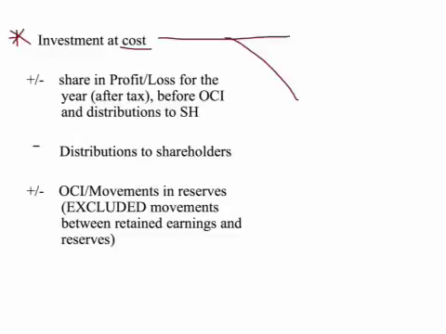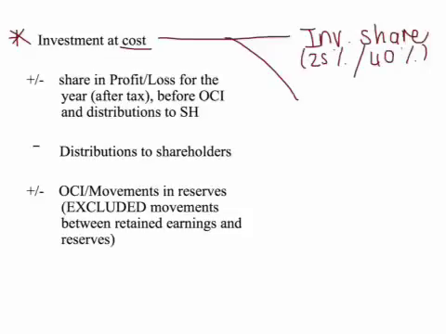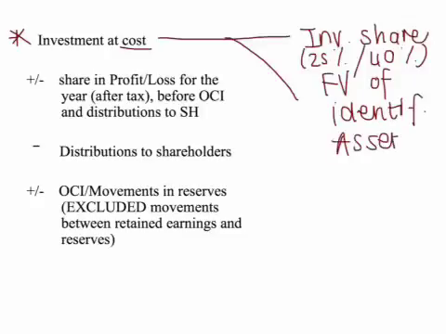First of all, the investor's share, so that would maybe be a 25% or a 40%, depending on the size of the investment. So the investor's share of the fair value of the associate's identifiable assets and liabilities.